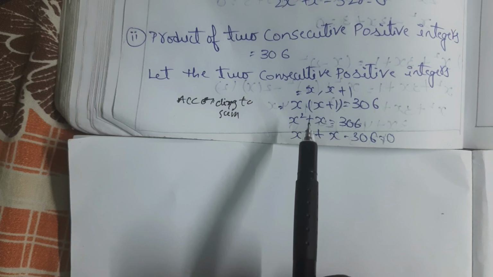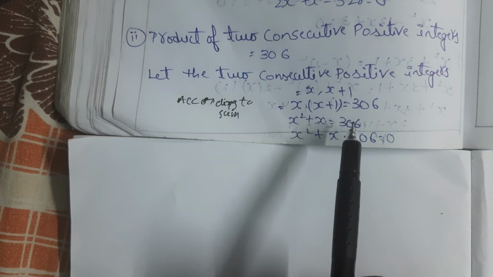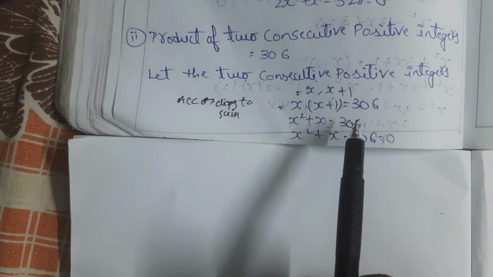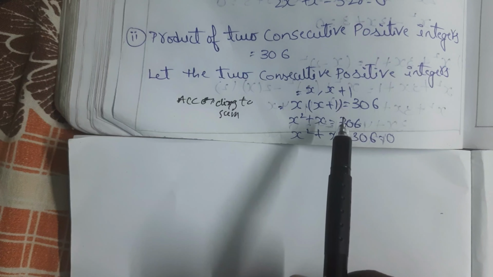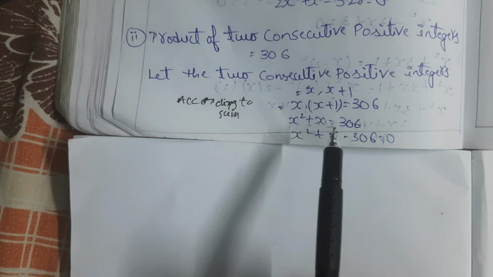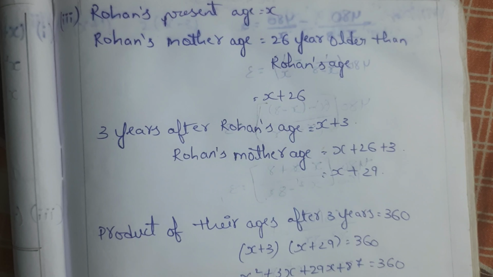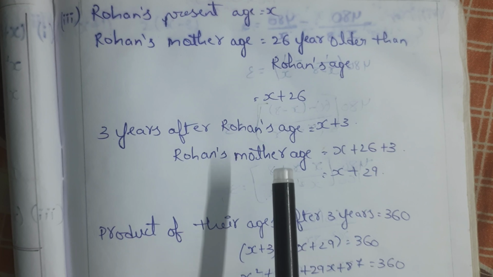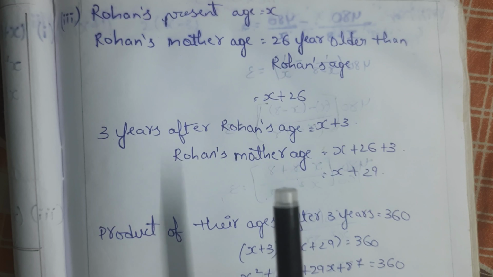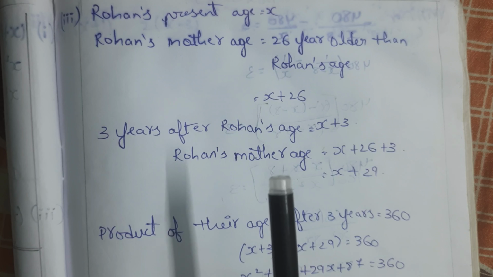Next, I am going to explain the third question. That is an important question. It was given as a 4 marks question in the state pattern paper, in the last 2 years' papers. So you need to understand situation sums also. As the third sum, a situation sum, it is very important. Rohan's mother's age is 26 years older than him.